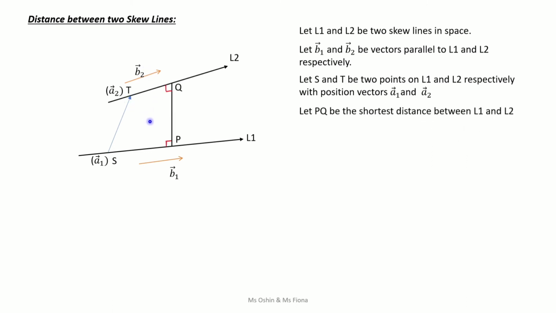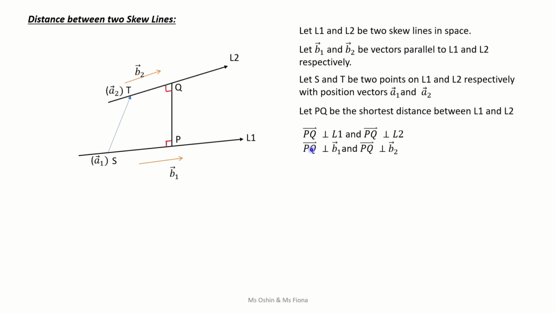So let PQ be the shortest distance between L1 and L2. Observe that PQ is perpendicular to L1 and also PQ is perpendicular to L2. But B1 vector is parallel to L1. So this PQ has to be perpendicular with B1 also, and PQ is perpendicular to B2 vector because L2 and B2 are parallel.